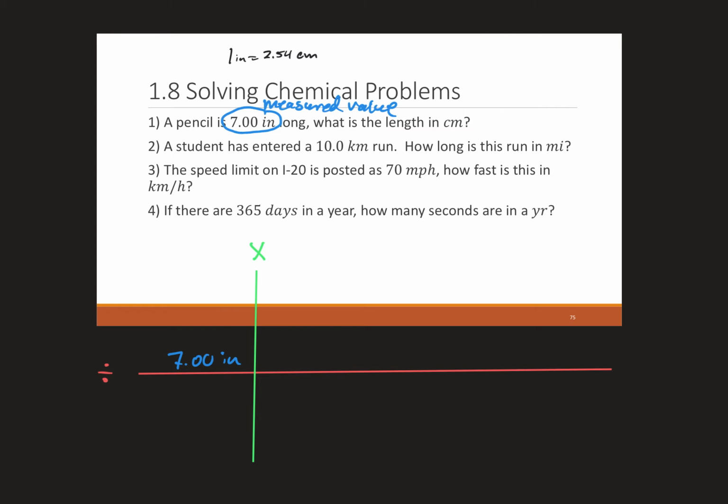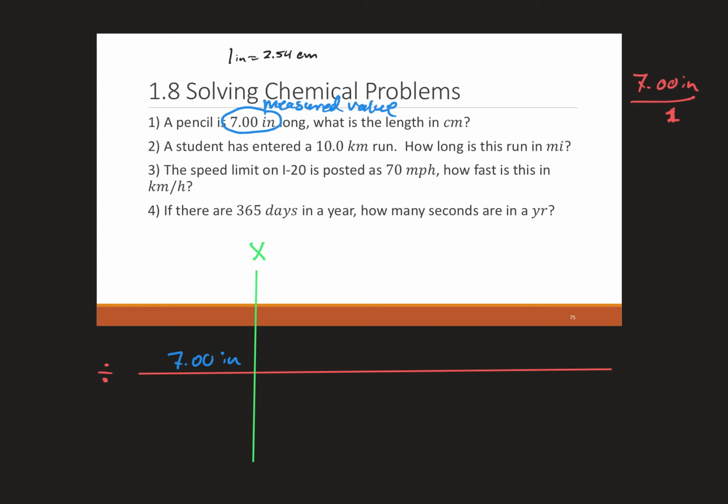All right. In the measurement 7 inches, the number and the units belong in the numerator of a fraction. I could say it's 7.00 inches per pencil, essentially. But that would be the number 1.